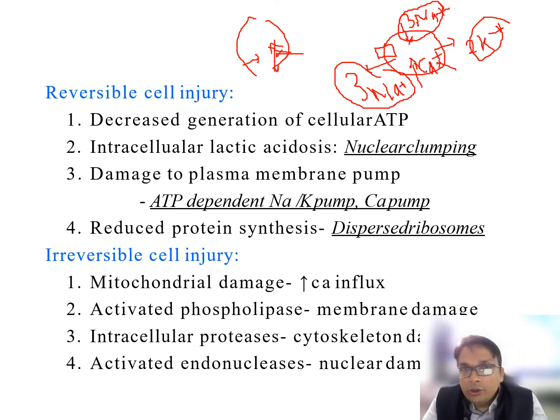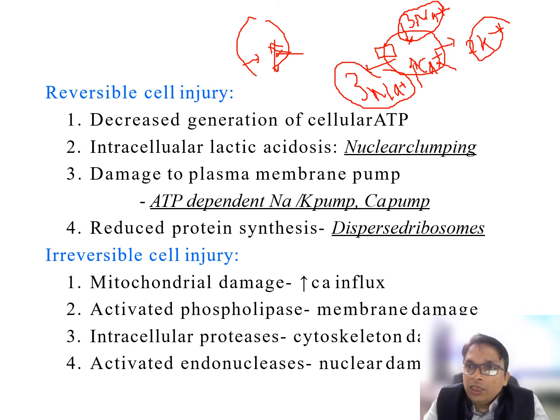Moreover, endonuclease is another enzyme I taught you in the case of apoptosis. You can refer to my last presentation in which I discussed apoptosis. You will observe that endonuclease is an enzyme which activates over there.